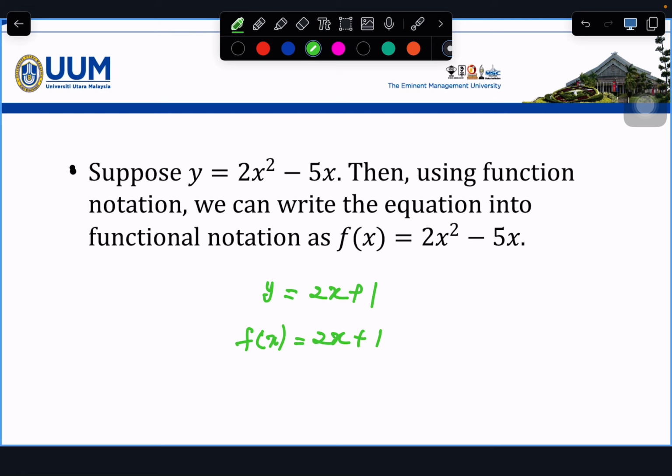Okay. So normally, for a function, we don't write this way. Normally we write this way for a function. So if you have the function something, then you can use h(x), y(x), f(x), etc.